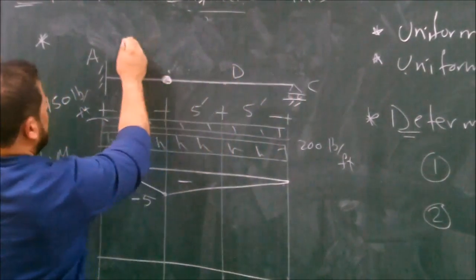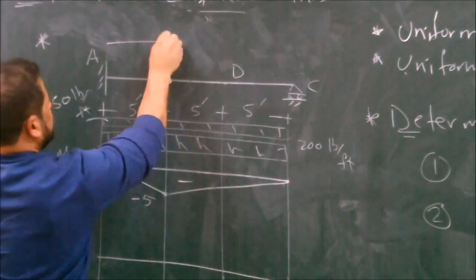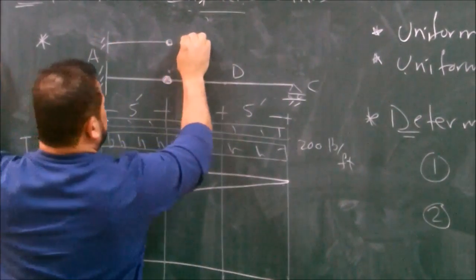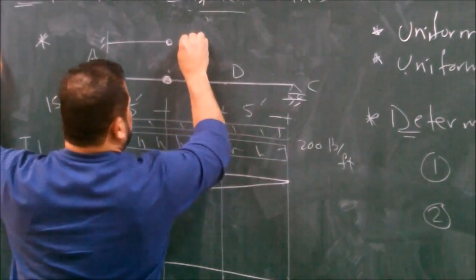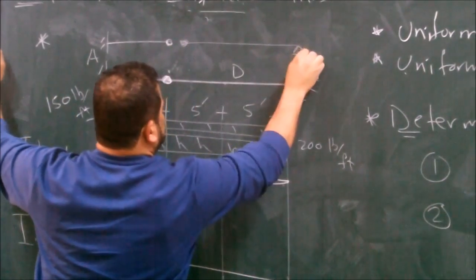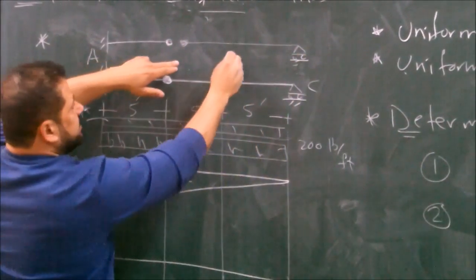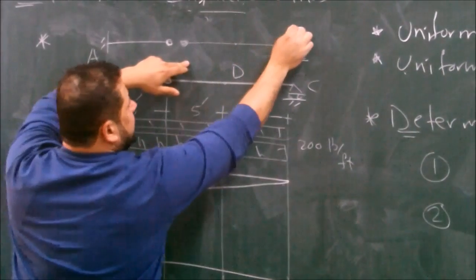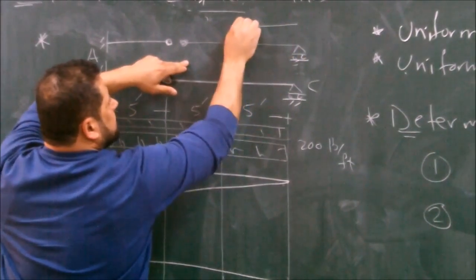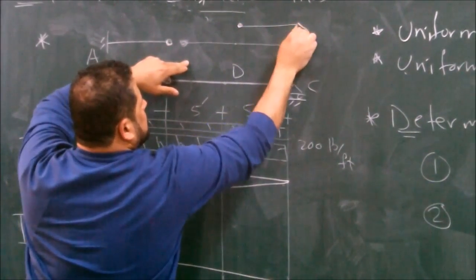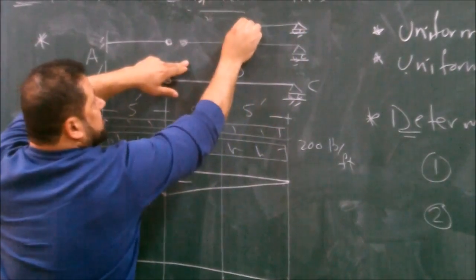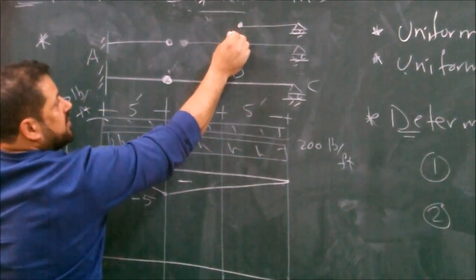For our section we need the reactions. This is D, right? VD, positive how? Up.